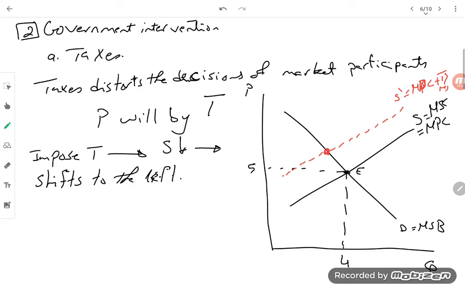As a result, we have a new equilibrium point at E dash, at a quantity, say for example 3, and the price equivalent to 6. So there is a welfare loss or loss in benefit equivalent to the area of triangle E dash B.